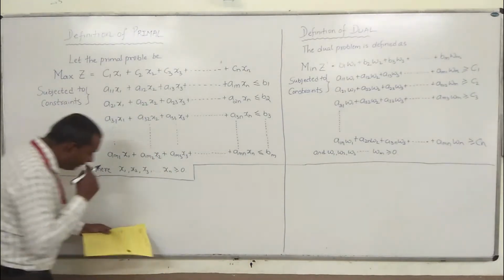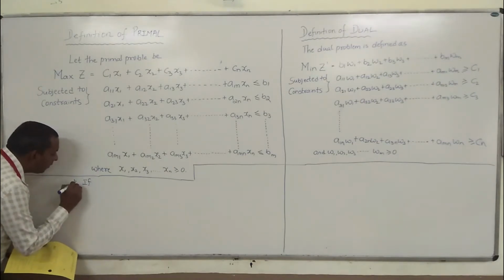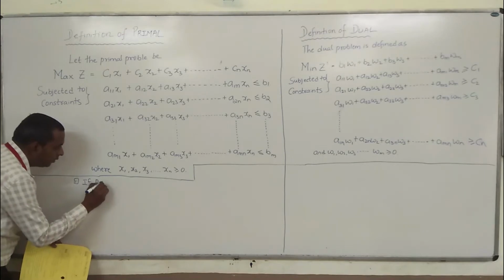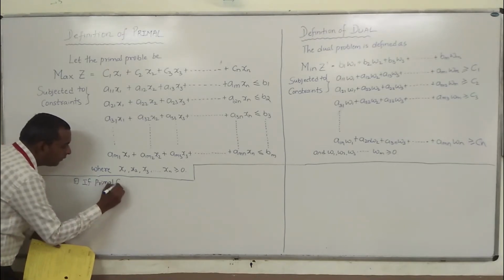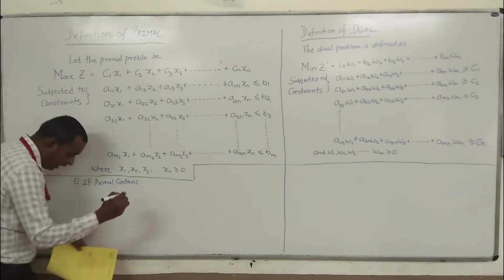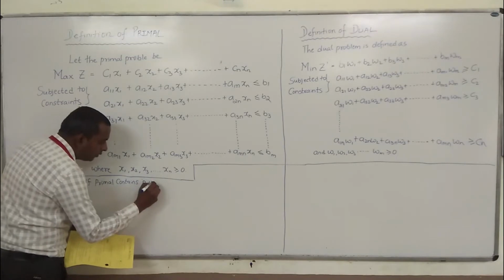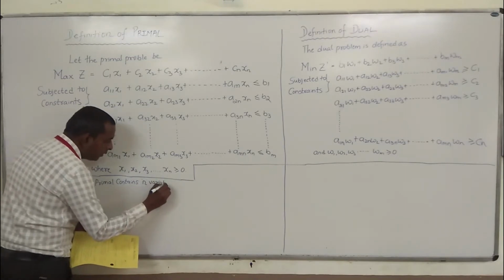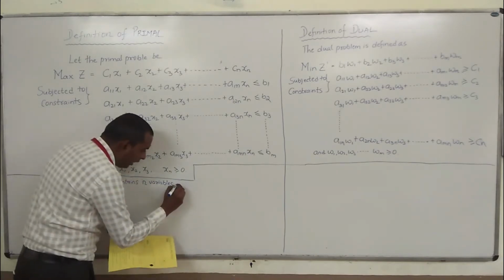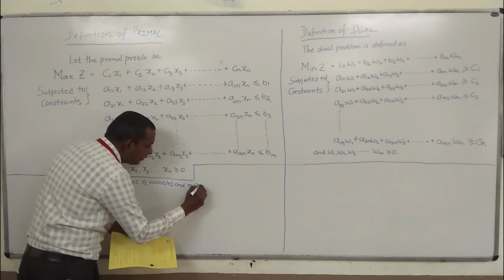Fine. So this is number 1: if the primal contains n variables, how many variables? n variables, and m constraints.